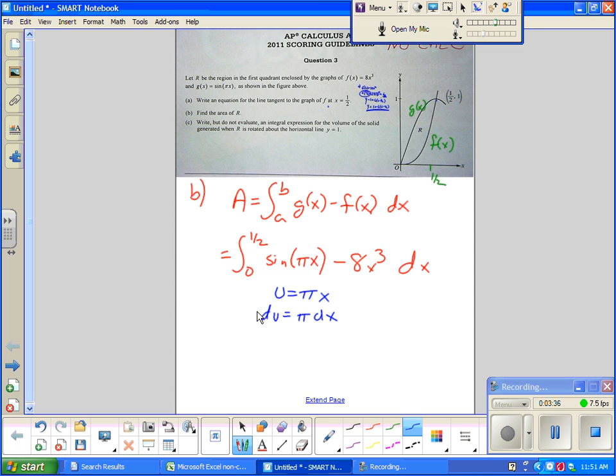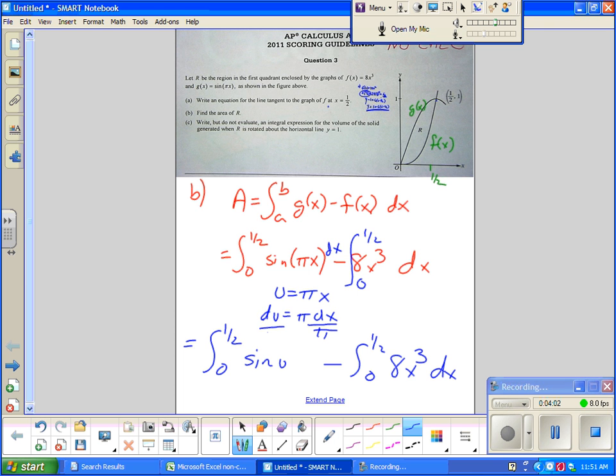If I do this substitution, just so we can see it in case we remember, I get sine u. And I'm going to do 8x cubed dx. And we know the dx is here too. You guys see I can solve for dx if dx equals du divided by pi?